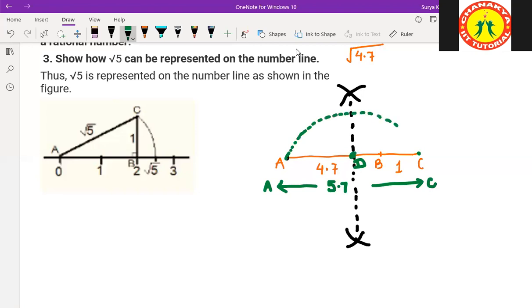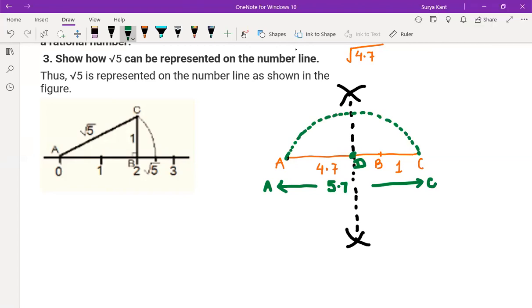All of you can do this till here. Is it clear to everyone? You have to show me here itself on the screen. Completed. All right.